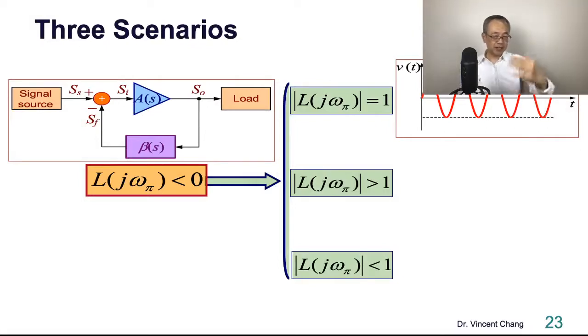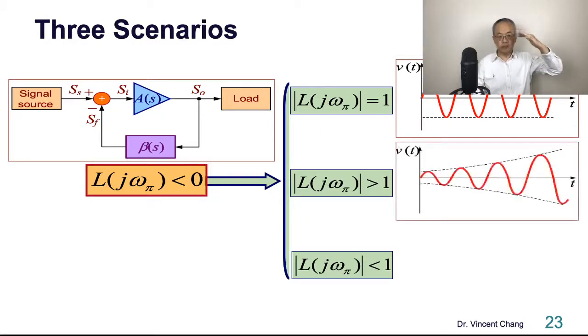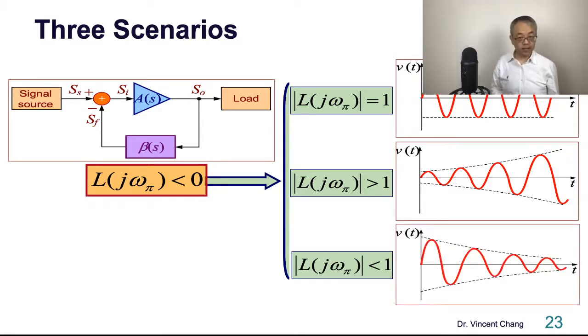But in the second case, what about the loop gain greater than 1? That means as you travel, you're getting bigger and bigger, so it oscillates with a growing amplitude. But if the magnitude is less than 1, then the oscillation cannot be sustained. All right? So three scenarios.